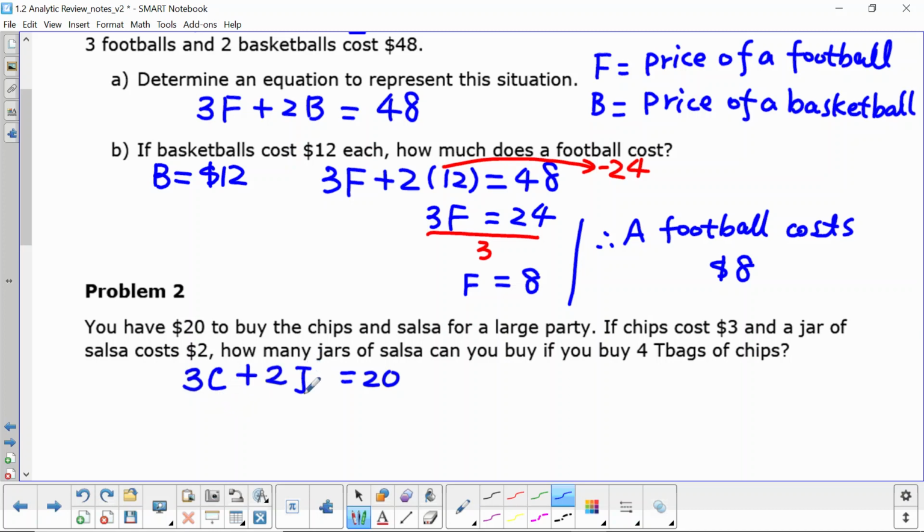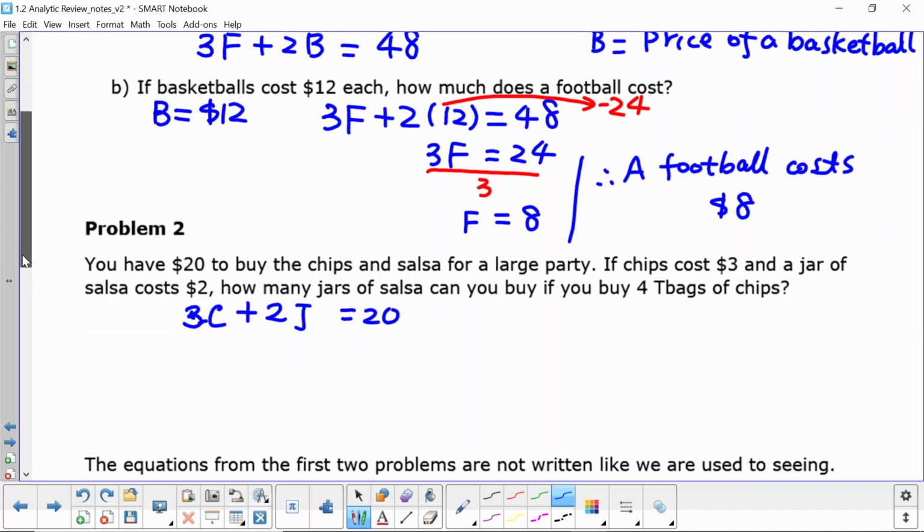Then if you have 3 jars, then it will be 2 times 3 gives you $6. If you have 2 bags of the chips, then $3 times 2 gives you $6. So the unit price times quantity gives you the price. So this is one equation, and it asks you how many jars can you buy if you buy C equals 4 bags. So 3 times 4 plus 2 times jars equals 20.